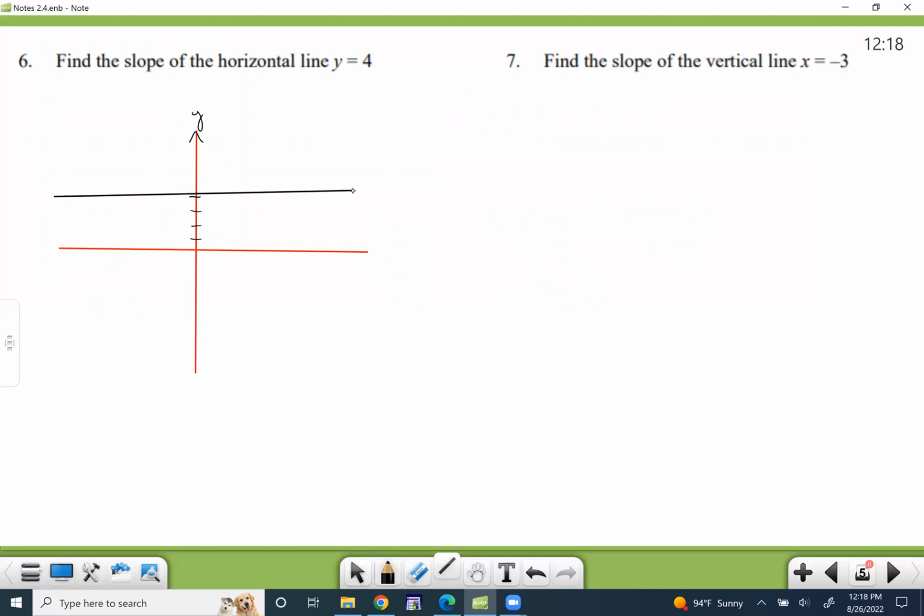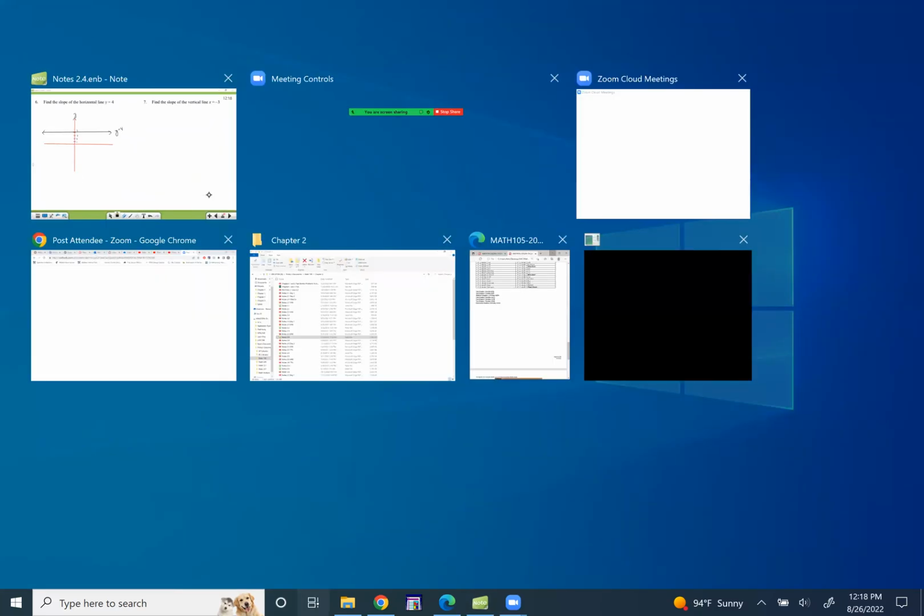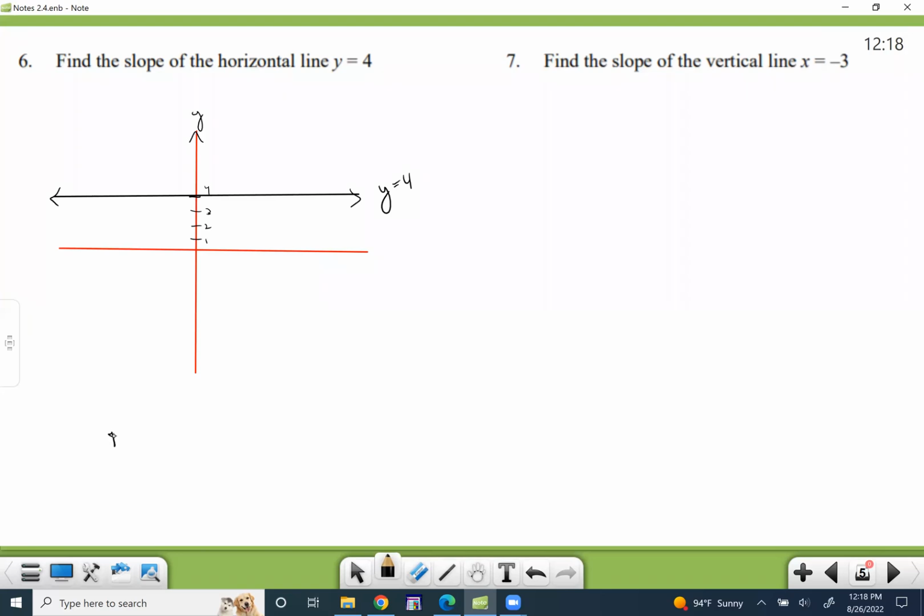So now we want to know what is the slope of that. Just using your intuition, slope tells us how steep something is. If you looked at this line, would you say it was steep? Not at all. And so that is why all horizontal lines have a slope of 0.